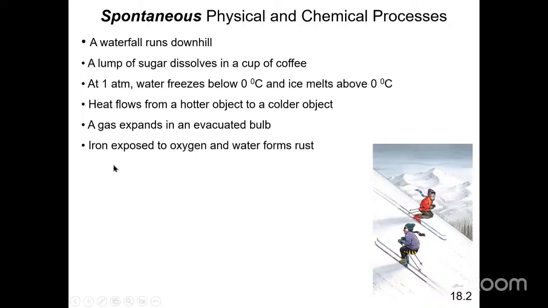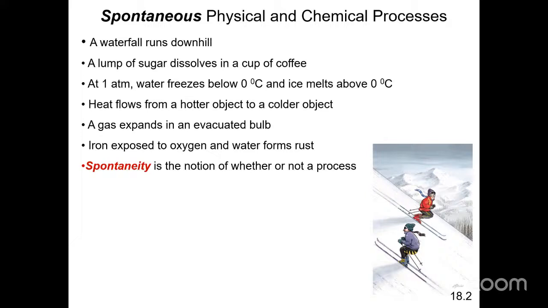So here are some examples of spontaneous processes. Water running downhill will just simply happen. You don't have to do anything to make it happen. A lump of sugar dissolves in a cup of coffee. Again, that's another example of a spontaneous process. All you have to do is add the sugar to the cup of coffee and it happens.